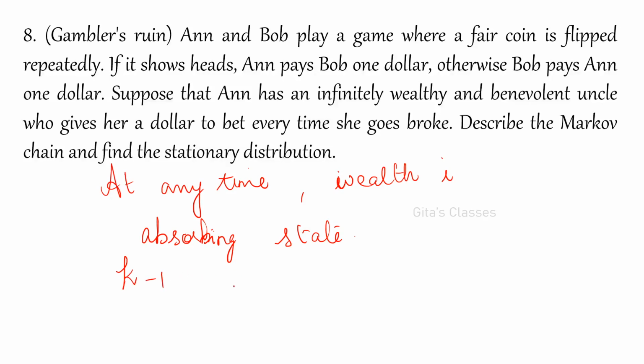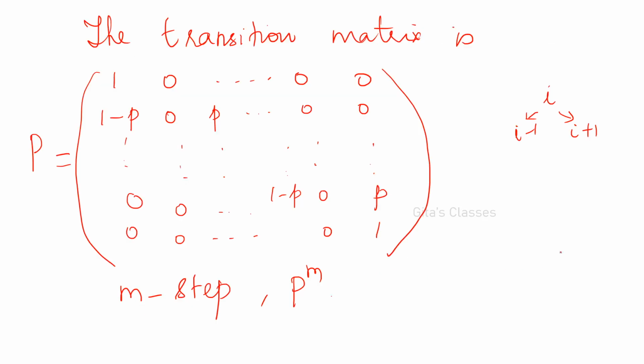K minus 1 states, that is 1, 2, 3, etc. The game will be played, and let us assume that the probability of winning is p. Suppose you are in the ith state, if he loses, he will lose 1 rupee, $1. That means he will go to the previous state, and if he wins, he will go to the next state.